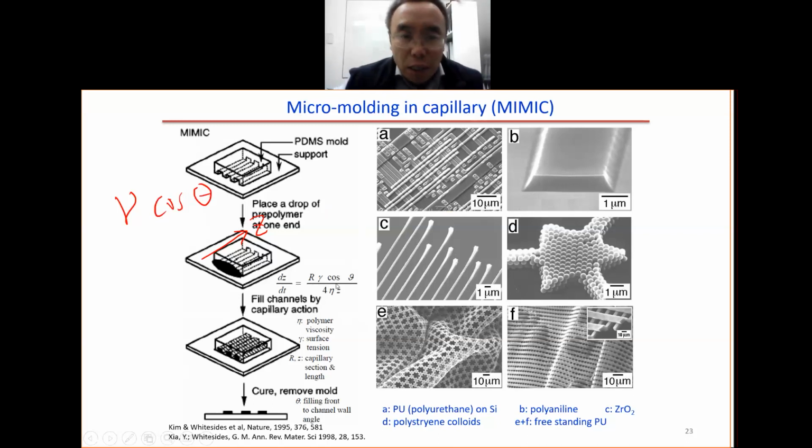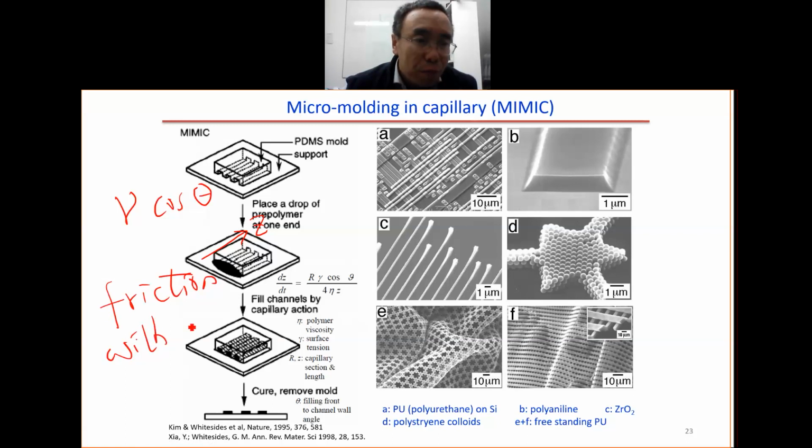The force that prevents this filling is the viscous force, because of the friction of the liquid with the wall of the channels. The effect of the friction is determined by eta, the viscosity of the polymer. So this one should be at the bottom.